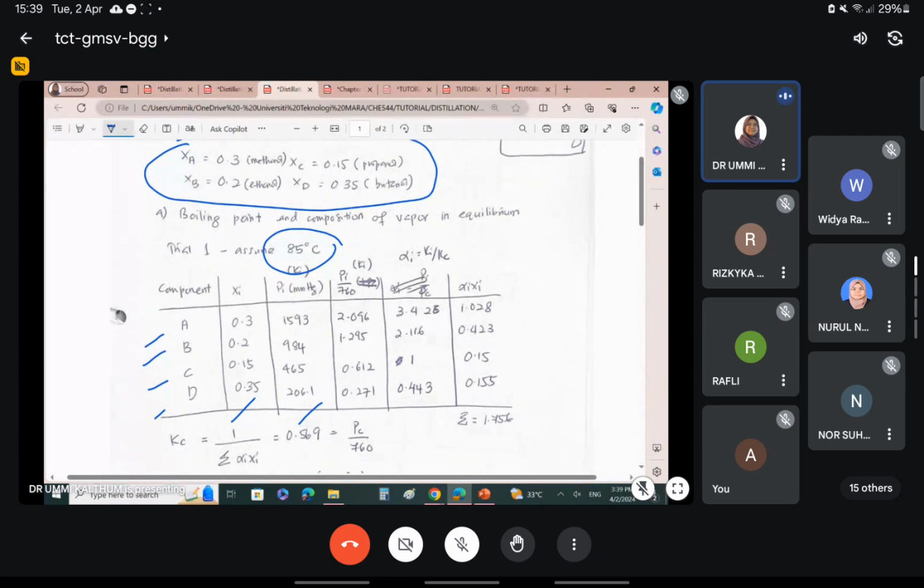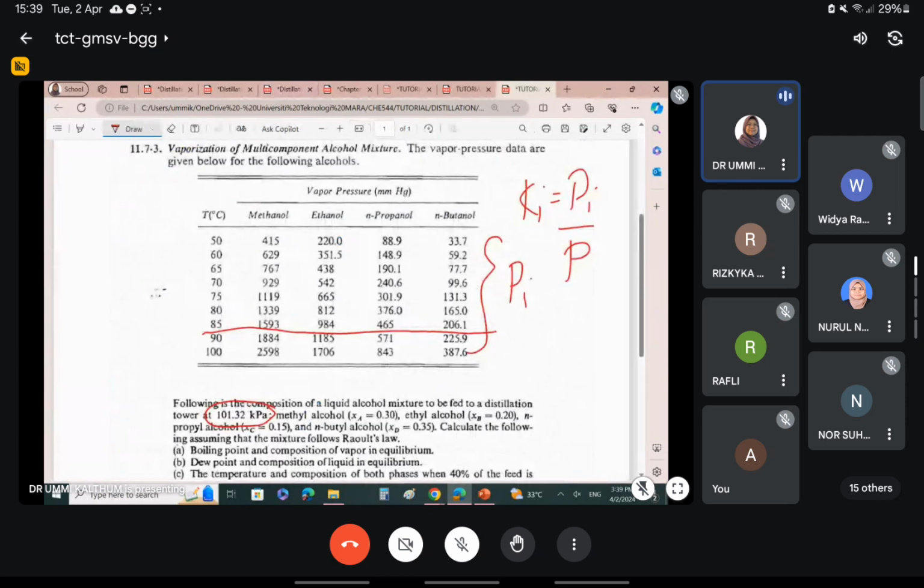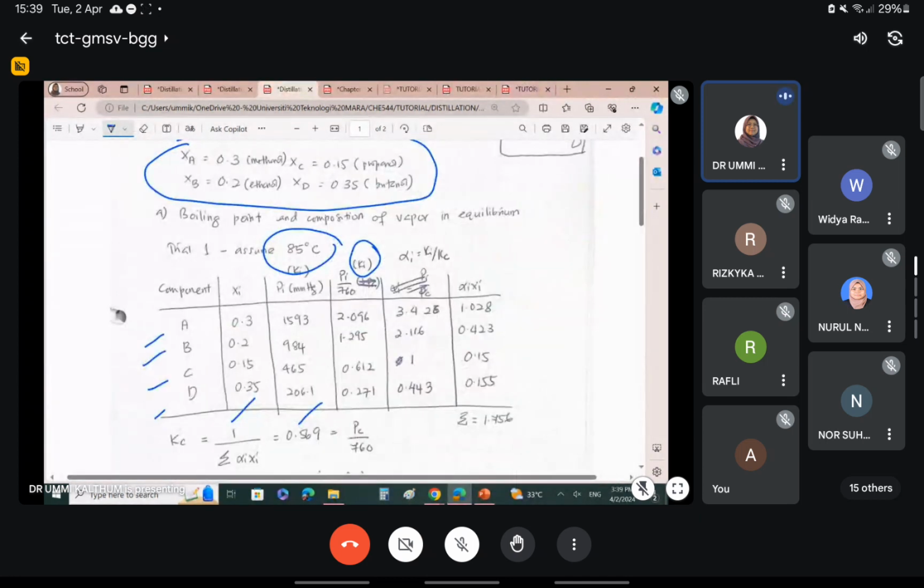Okay, then convert this vapor pressure into K value. Vapor pressure ni dalam millimeter mercury, ya. So tengok balik unit, kena convert. So dapatkan Ki.